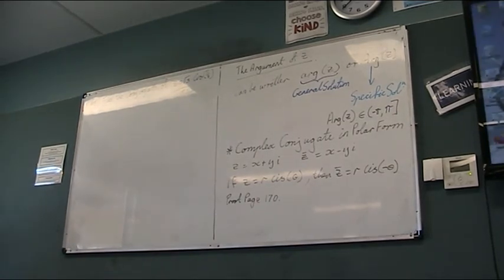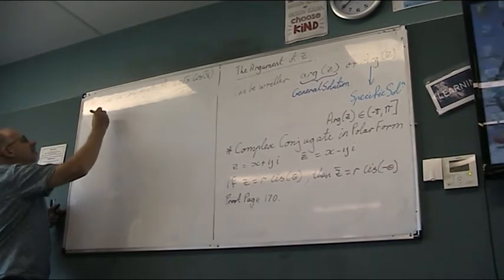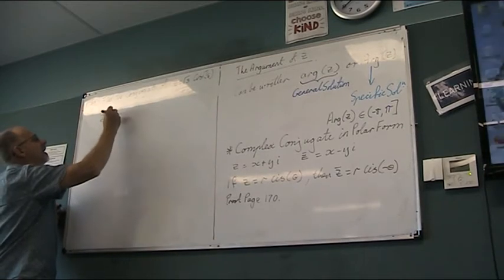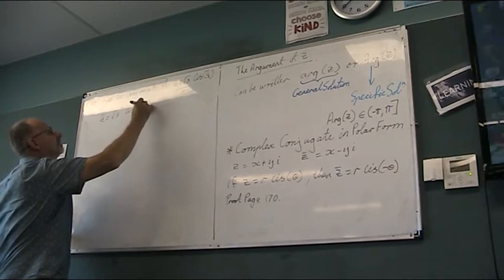All right, so if we're finding the conjugate of z equals root 3 cis pi on 6, all we need to do is say it's root 3 cis negative pi on 6.